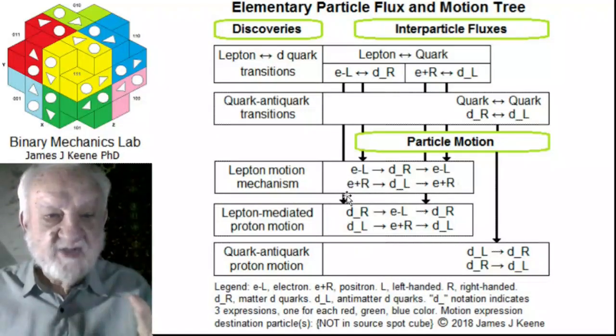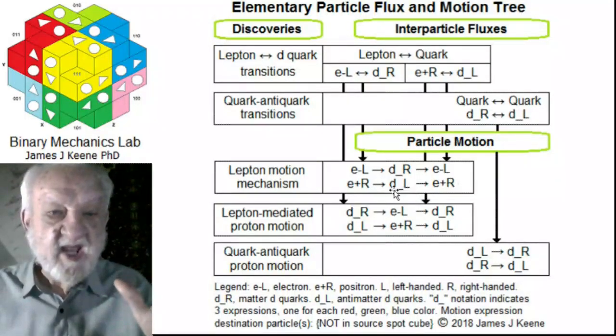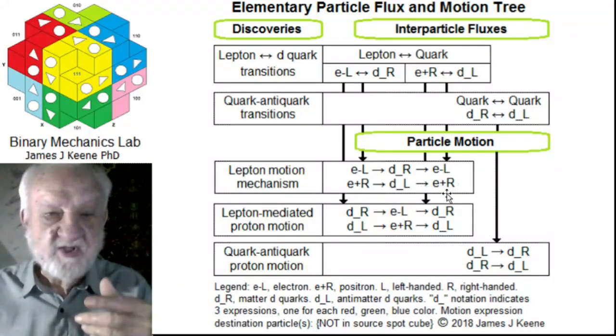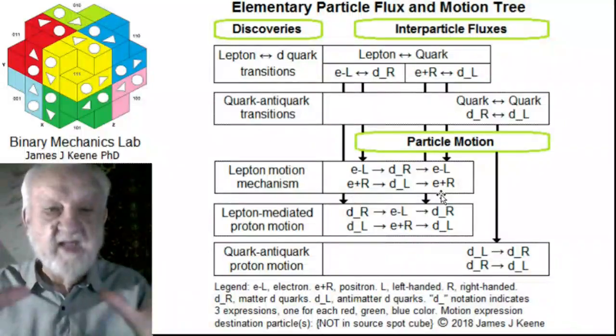Likewise, the positron particle needs to move through the antimatter left-handed d quarks in order to arrive at the next positron spot in our spatial lattice of spot cubes.